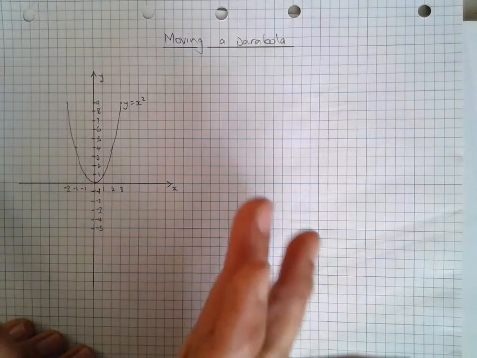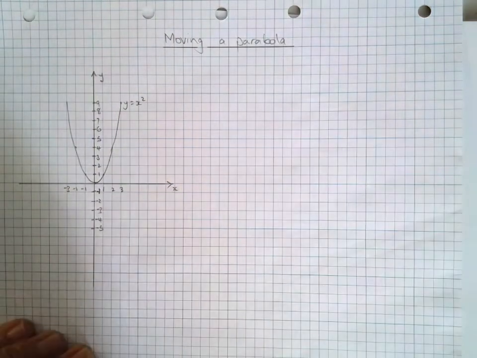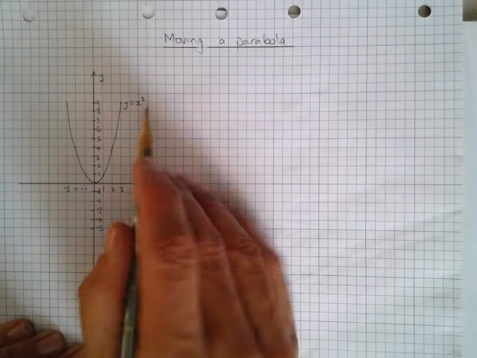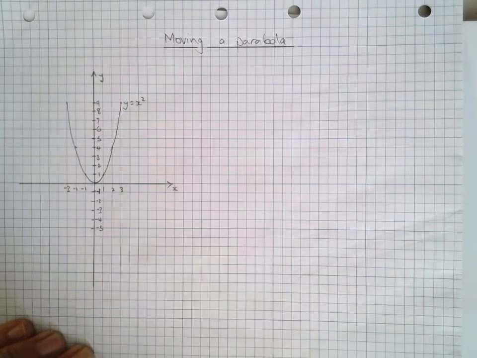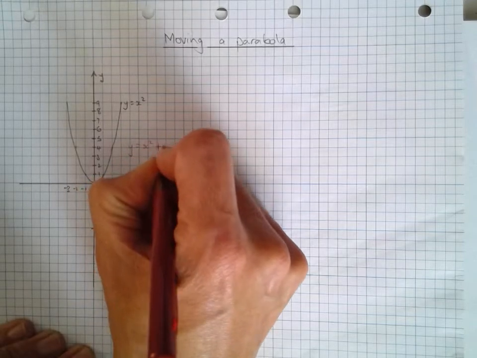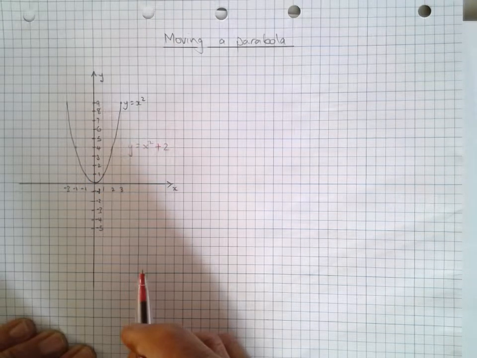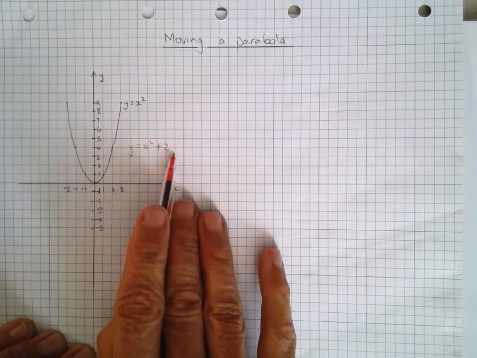Now I can move that whole shape up or down simply by changing the equation, adding or subtracting something to the x squared. So let's have a look at y equals x squared plus 2. This is going to move the whole parabola up by 2.